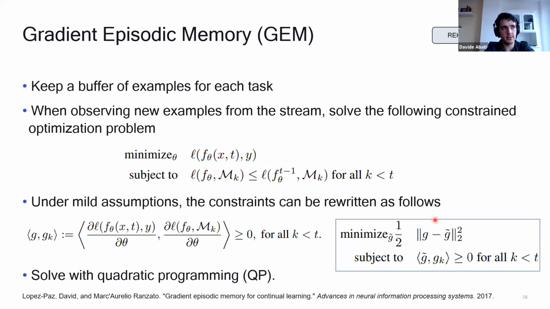There are some sophisticated ways of constructing a buffer. For instance, another paper called iCarl has a strategy called herding. If you have 1,000 examples and you want to narrow it down to 10, they have a greedy algorithm to select those 10 points that in feature space would be as close as possible to the mean feature of all 1,000 points.